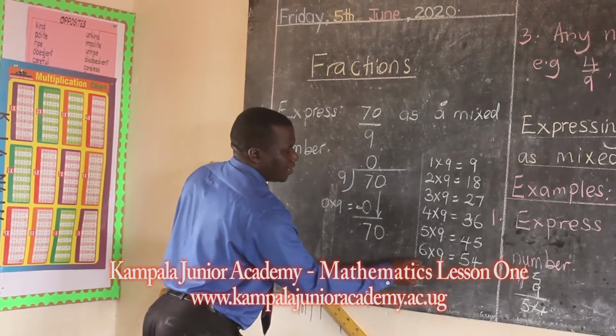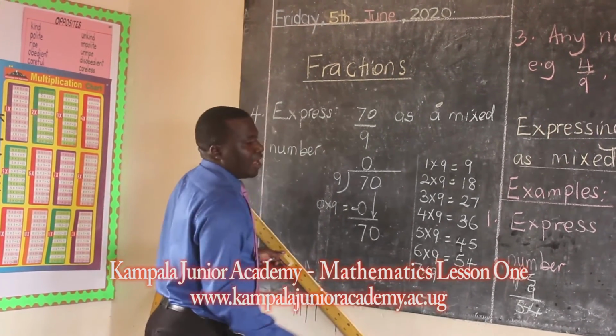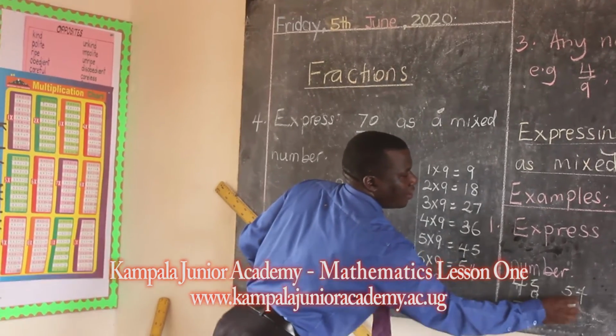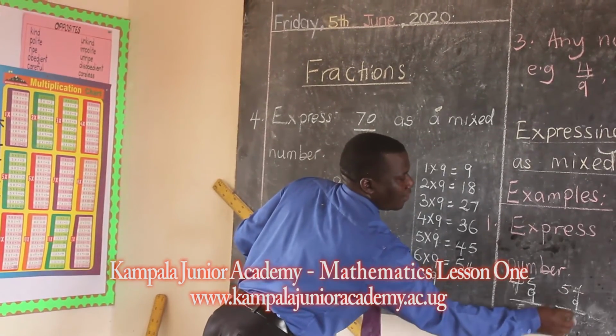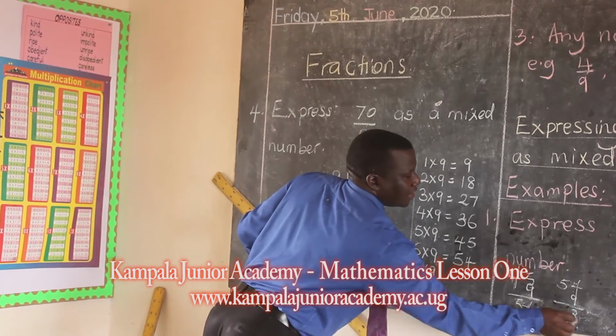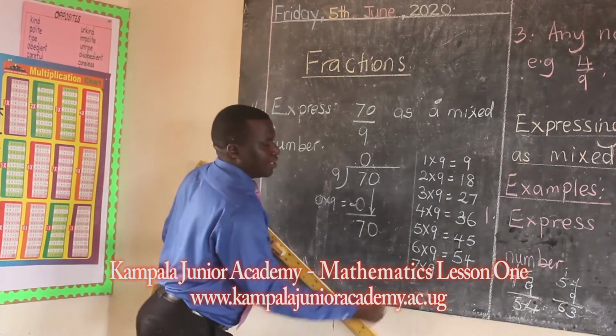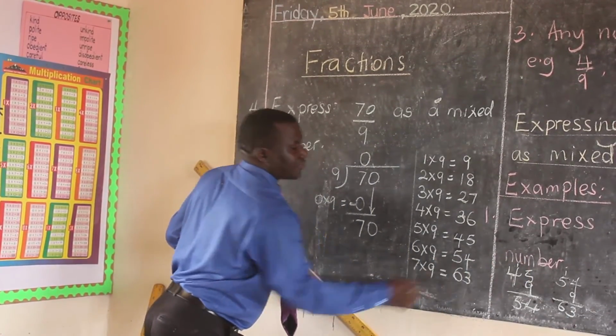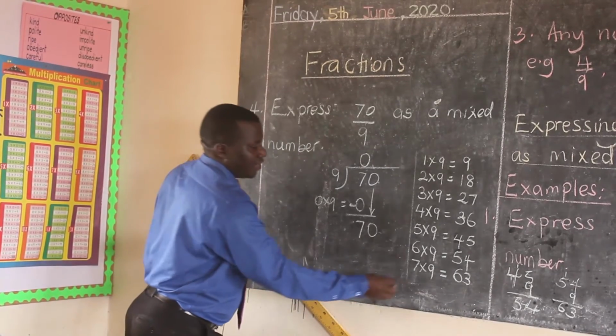We're not yet there. What is 7 times 9? Adding 54 to 9, you get 63. We're not yet there.